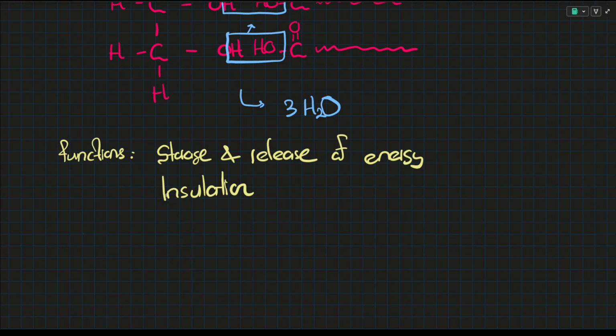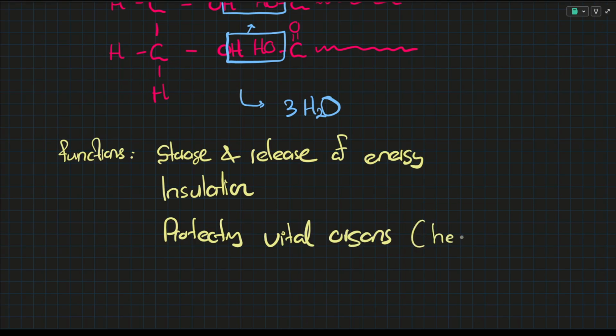Simply speaking, fat adipose tissue helps in insulation, and also helps protect vital organs. All your organs are going to have a fat layer around them. For example, the heart, the liver, the kidneys are all protected like this.